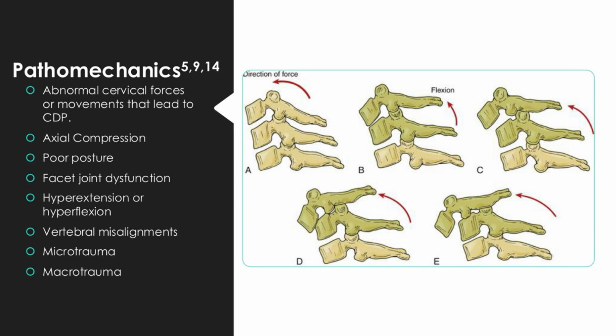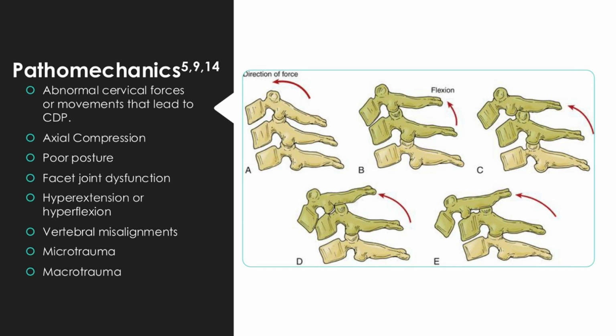Rapid hyperextension or hyperflexion, which can be a result of whiplash, causes excessive stress and inflammation on the cervical facet joints. Any abnormal spinal curvature can also affect the way those facet joints bear weight, which may lead to uneven loading or dysfunction.